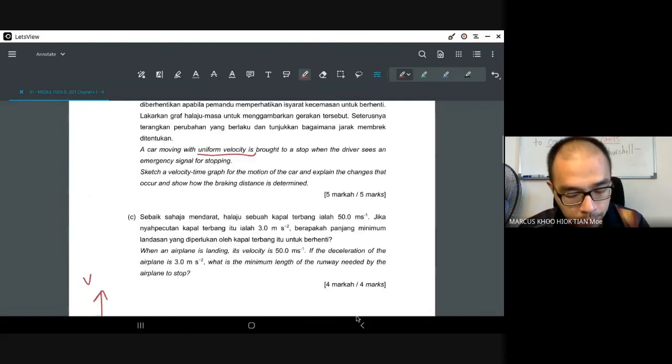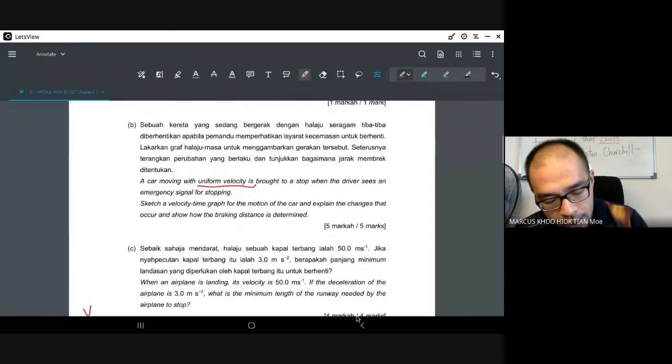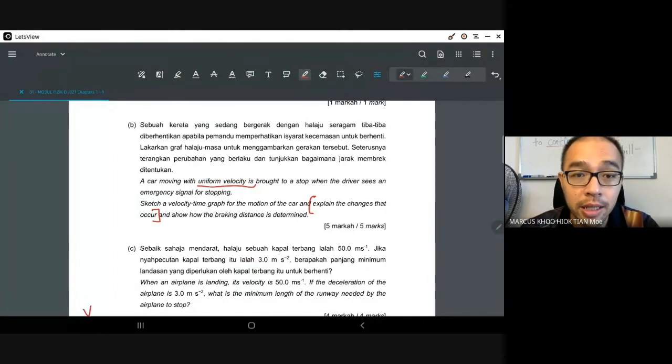Okay, now, next one is explain the changes that occur. Explain the changes that occur means you have to talk about the motion.